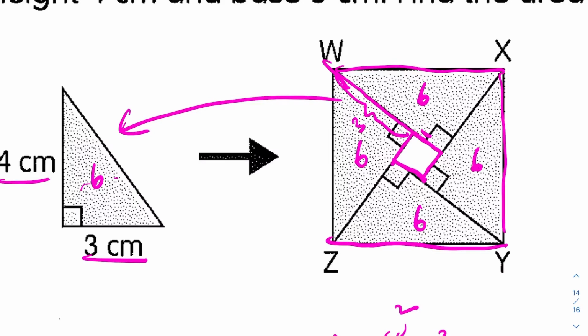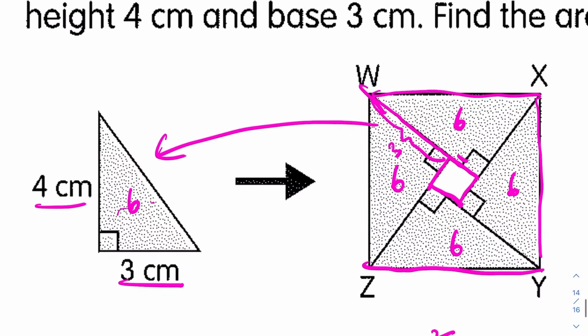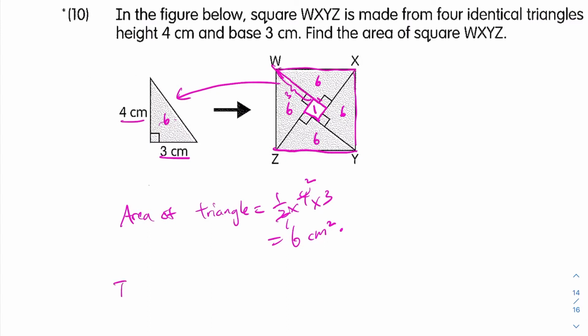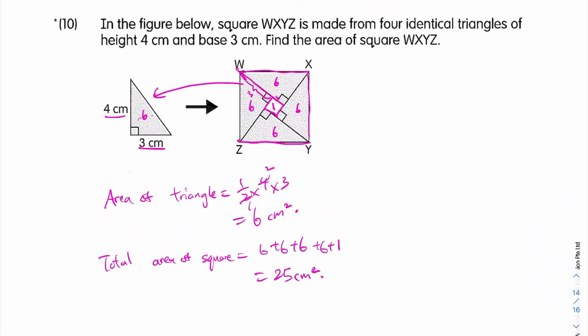So 1 times 1, the area here is 1. So to find the total area of the square, it would be 6 plus 6 plus 6 plus 6 plus 1 will be 25 square centimeters. Okay, so I'm gonna put 25 square centimeters.